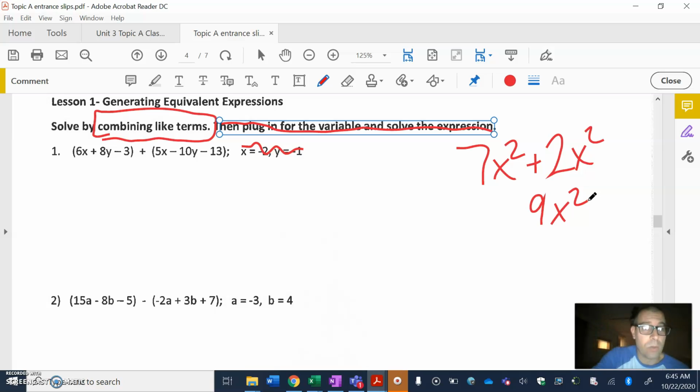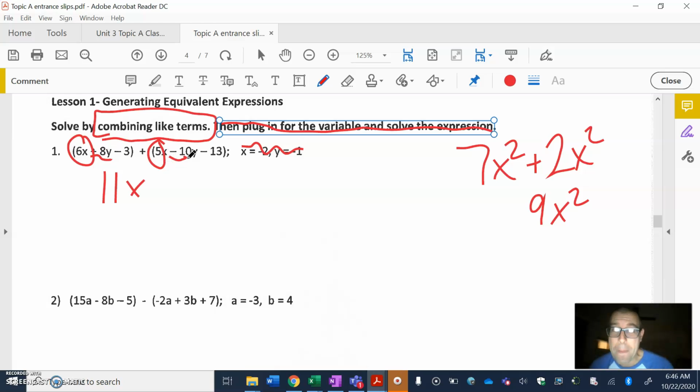So we're looking at things here. Over here, I've got a 6x and a 5x. The nice thing is we're adding, so we don't have to worry about distributing an addition sign because that's not going to change anything. Add those together and we get 11x. We can underline as well. Sometimes it's easier than circling, because when I circled, I started messing with the signs. So it is a positive 8y and a negative 10y.